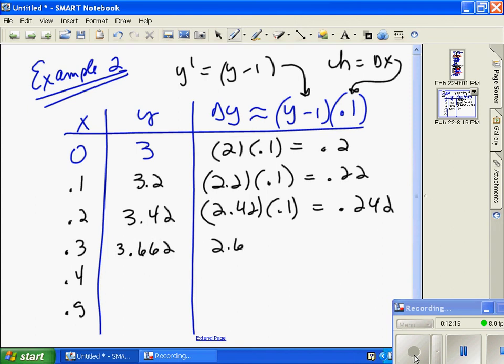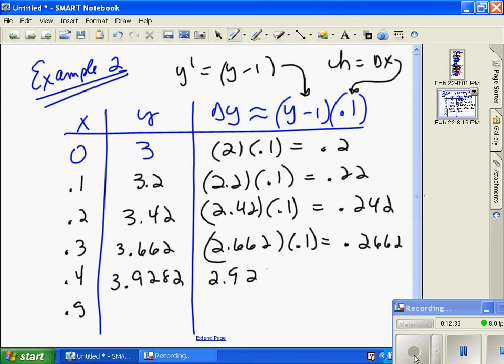So I have 2.662 times 0.1 to get 0.2662. Add that to the existing y value, so I got 3.9282. Subtract 1 from that, so I get 2.9282 times 0.1 to get 0.29282. Add that to the existing y value, and I get 4.22102.